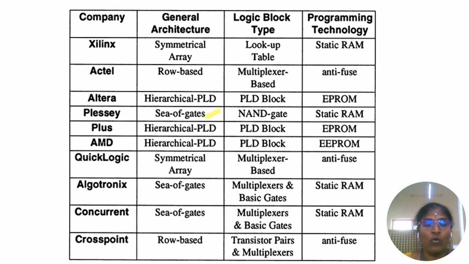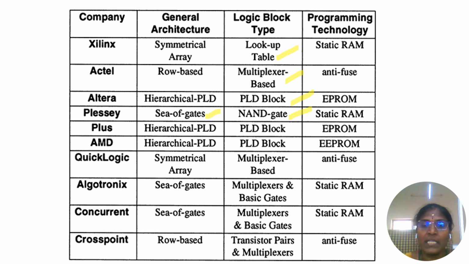So these four FPGA architectures are used by different vendors depending upon the applications. Then the logic block types: the logic expression can be implemented in either lookup table type, multiplexer based, programmable logic device based, or NAND gate. So these are the four types of logic block used by different vendors.